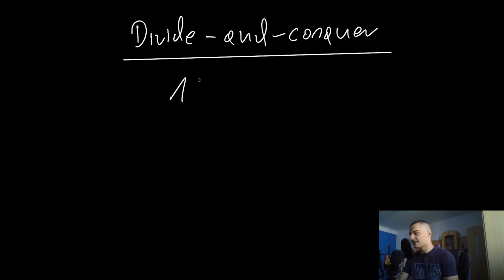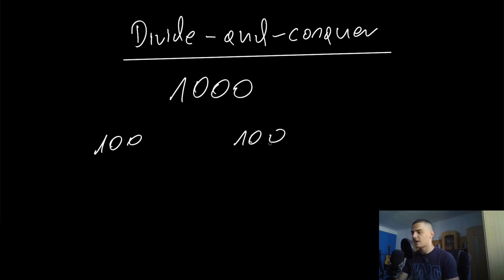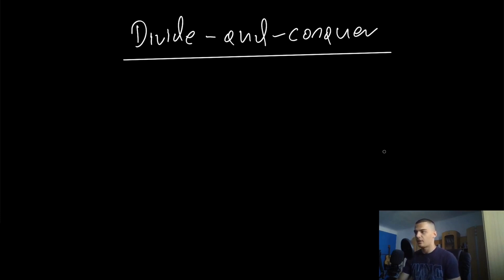If someone has 1,000 people, for example, you just split them up into groups of 100 people 10 times, and you conquer these 100 people 10 times, and in the end you won the overall battle because you conquered these 10 groups of 100 people, whereas you were not able to conquer the 1,000 people in one battle, right?